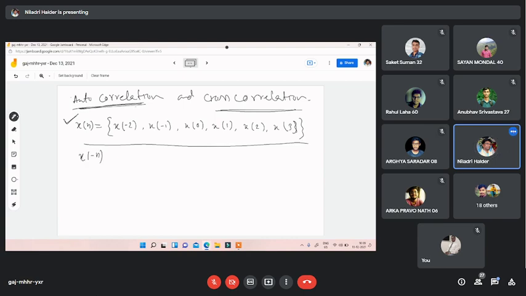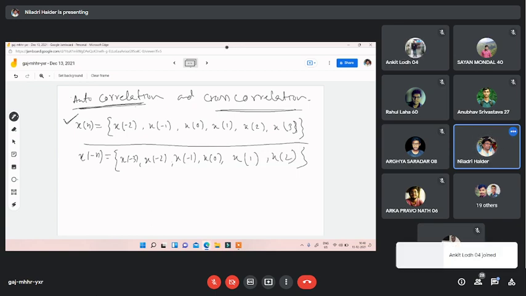So x(-n) means x(3) will become x(-3), x(-2) will become x(2). So the values will start from -3 and end at +2: x(-3), x(-2), x(-1), x(0), x(1), x(2).